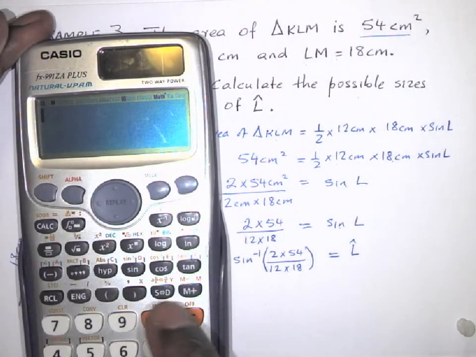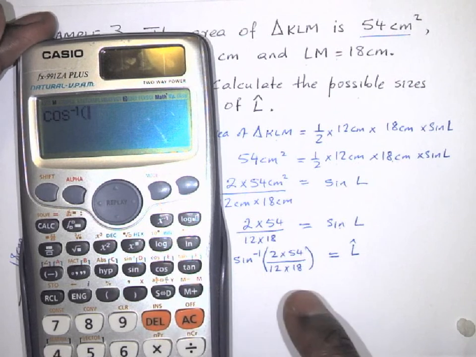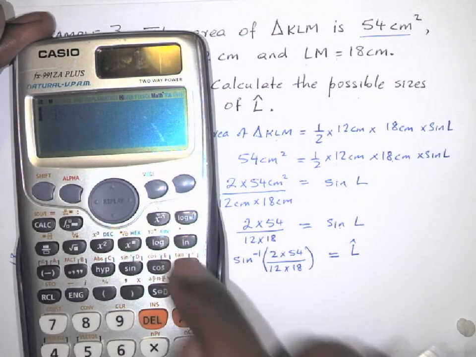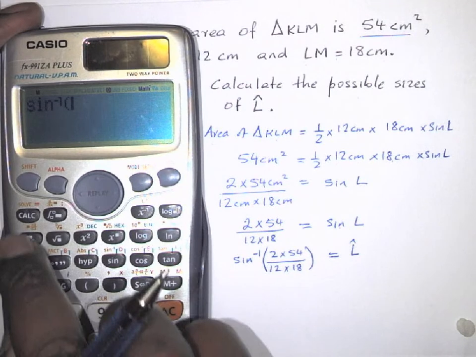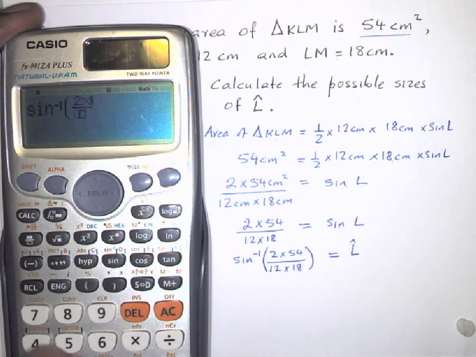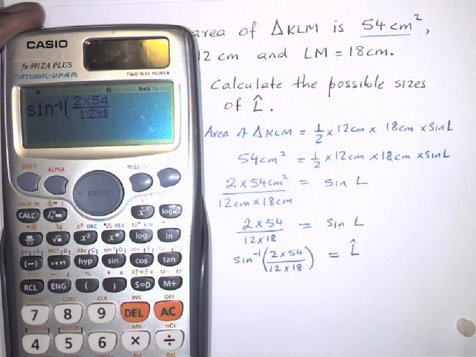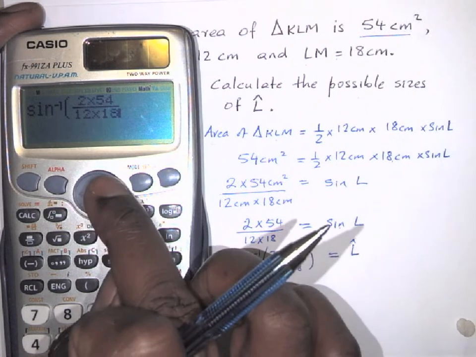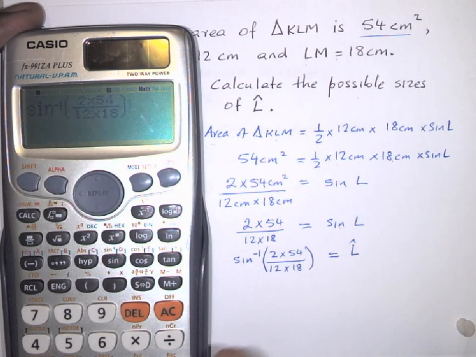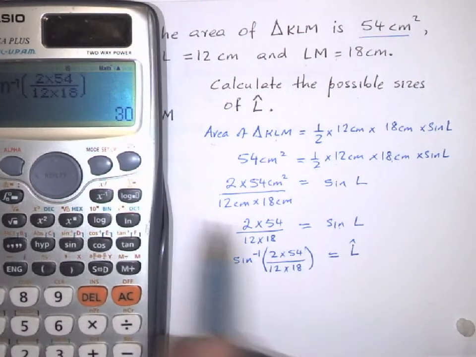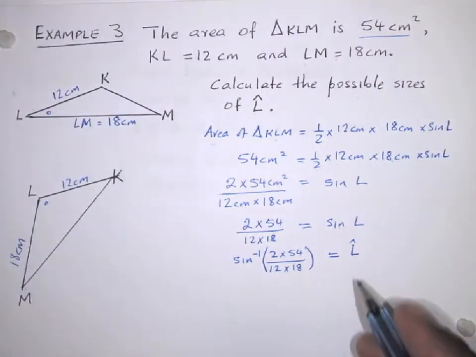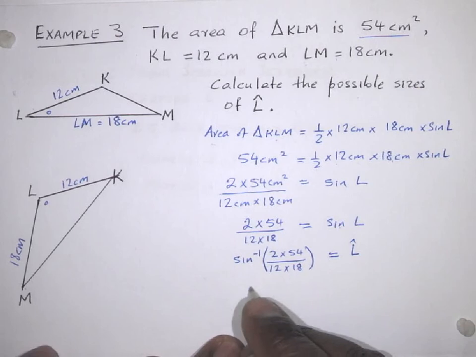We go shift with the sine, the fraction of 2 multiplied by 54, then over 12 times 18, and then we close the bracket. We get an answer of 30 degrees. Let's write that. So angle L is equal to 30 degrees.